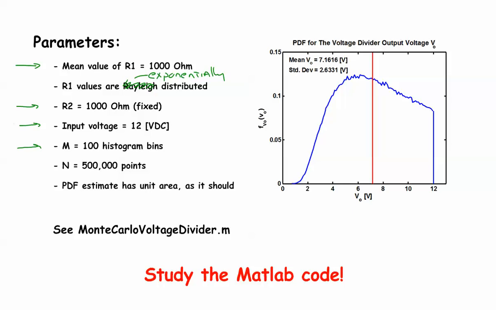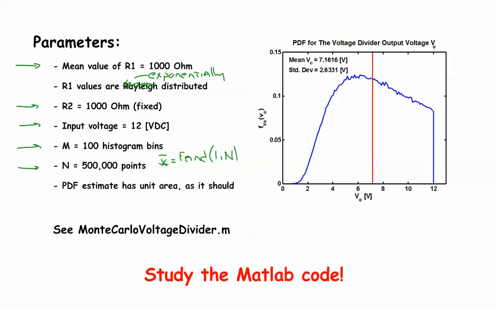I fiddled with the output voltage data until it looked reasonably smooth, and when I was happy, I was using 100 bins distributed between 0 volts and 12 volts. I used 500,000 data points for X. X is rand 1 comma n.